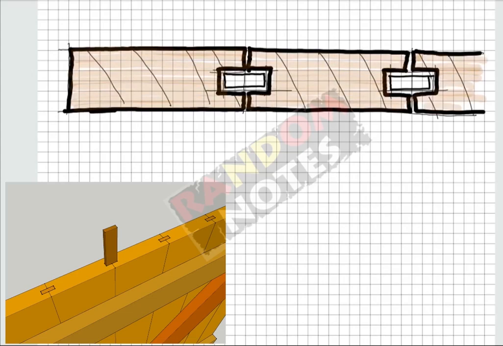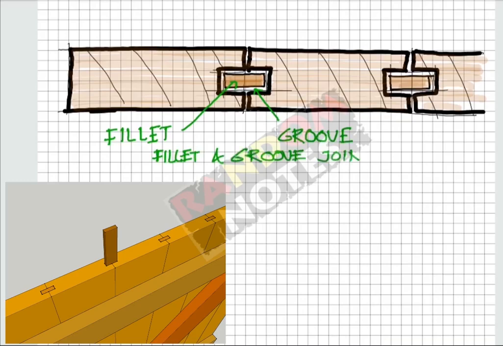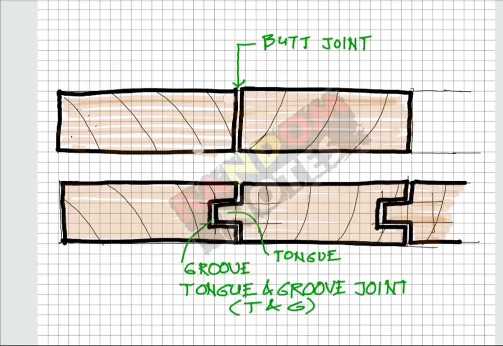A fillet is a piece of wood which has a cross-section dimension slightly smaller than the groove and the length equal to the length of the batten. The fillet does the work done by the tongue. The joint is known as fillet and groove joint.